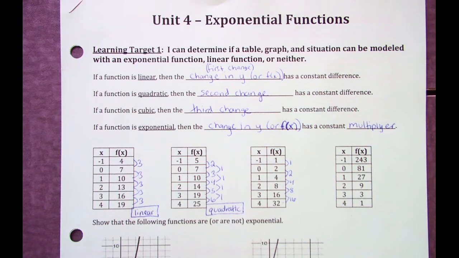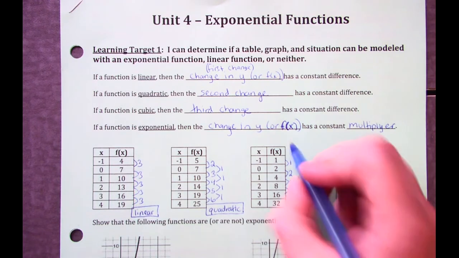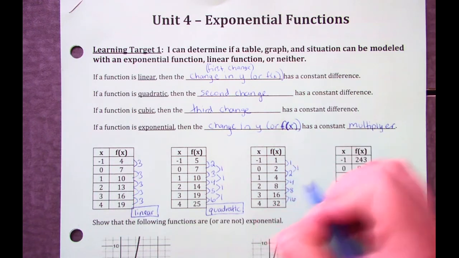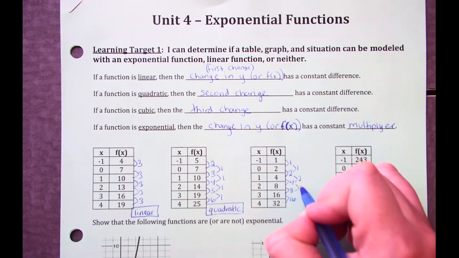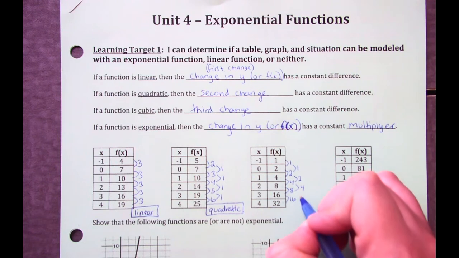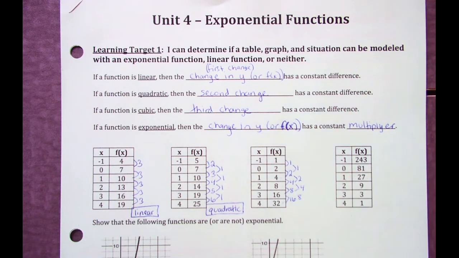So we know it's not linear. Let's do it again. 2 minus 1 is 1. 4 minus 2 is 2. 8 minus 4 is 4. 16 minus 8 is 8. Not quadratic.